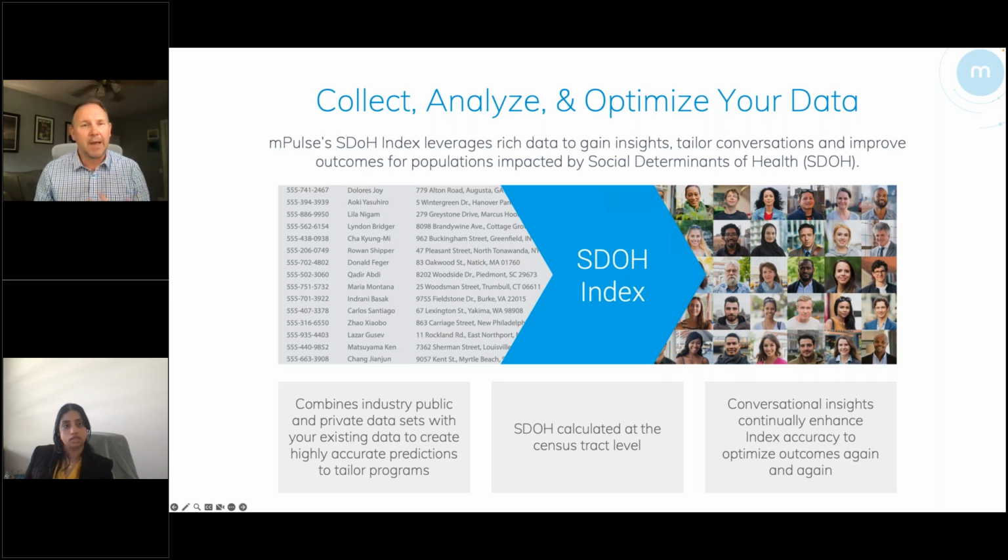So if I know their name, address, and zip code, I can drill down into this data set, which might tell me the percentage of people living in poverty where that person lives, or non-white percentage, or even no high school. And that's important because we take that information and drill down into the engagement and the scripting that we're going to be sending out, to be empathetic, to get into those barriers and break those barriers so they have the opportunity to get the care that they need.